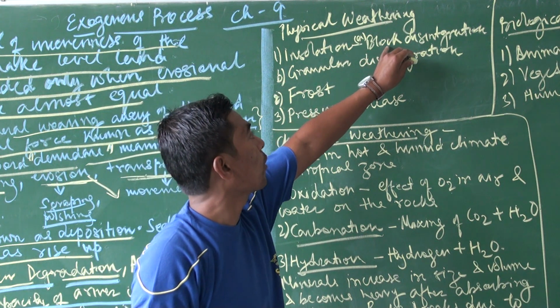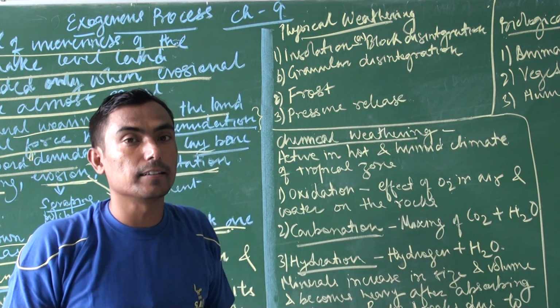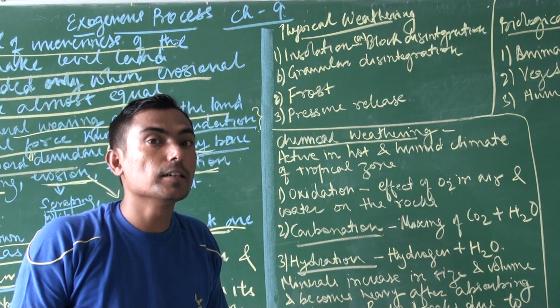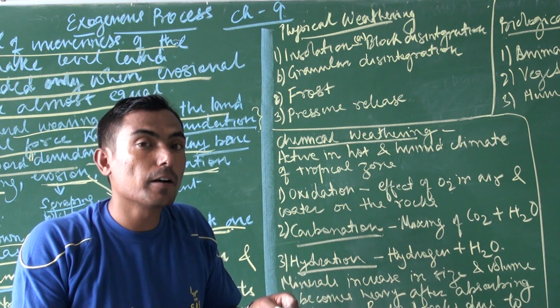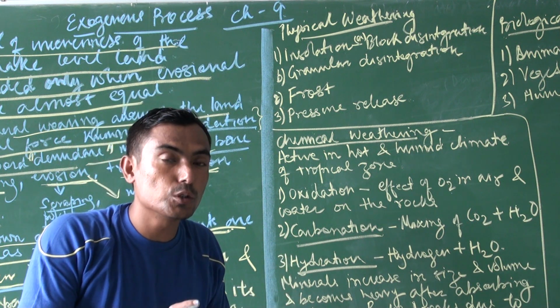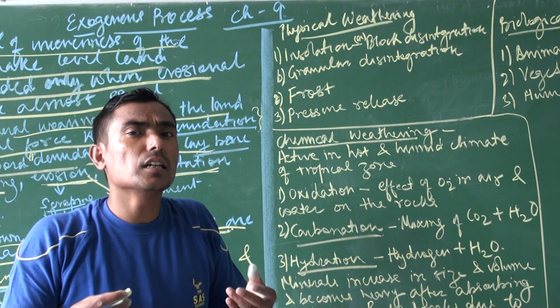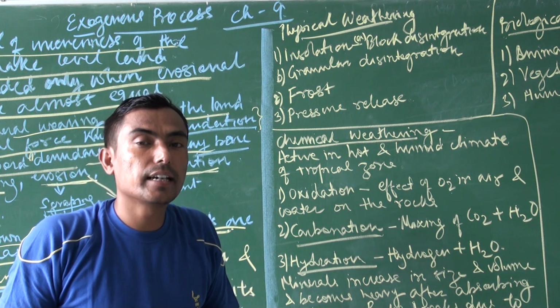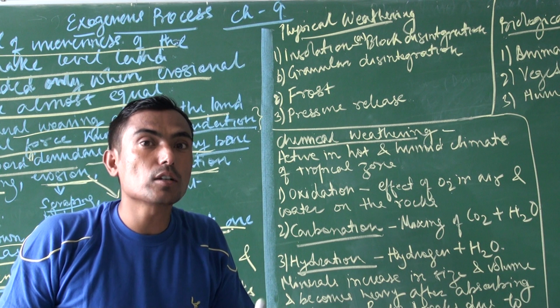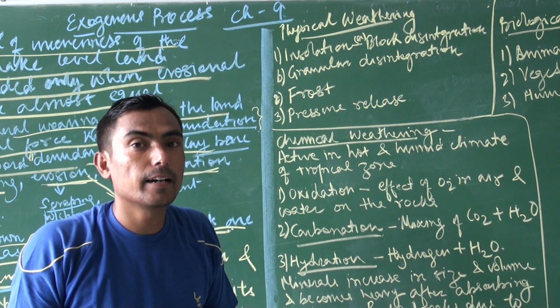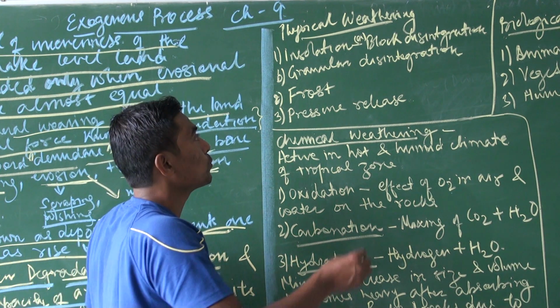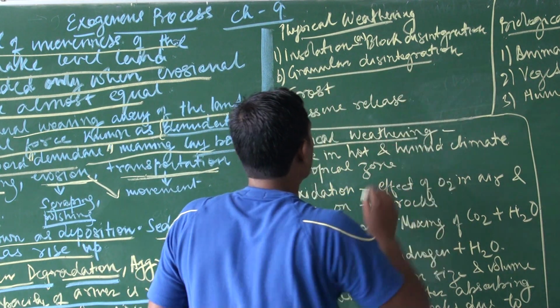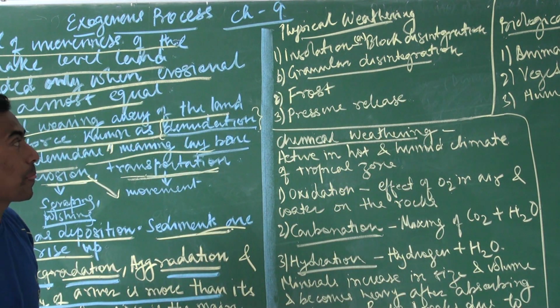And when these blocks are further converted into smaller pieces of stones due to sudden increase and sudden decrease of temperature, those smaller rocks are called granular disintegration.